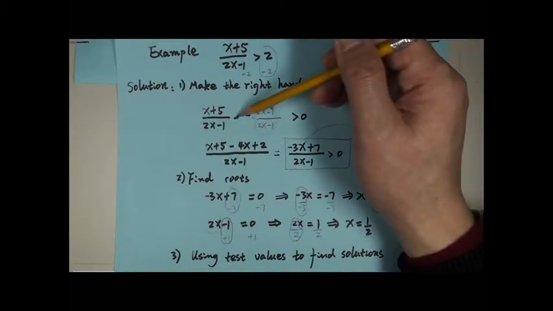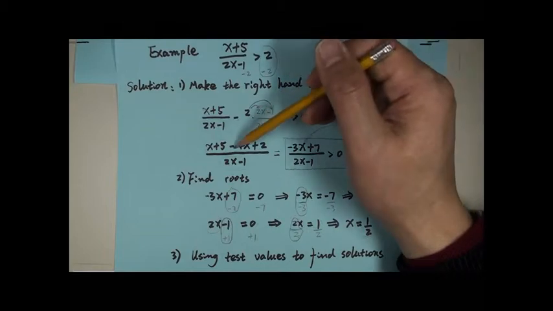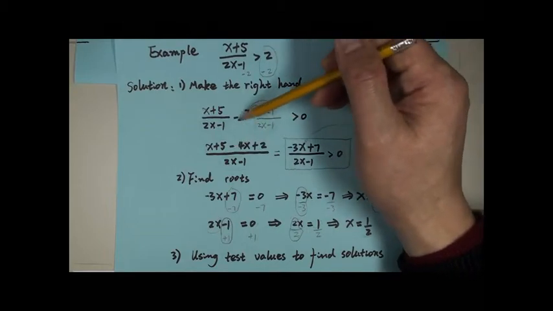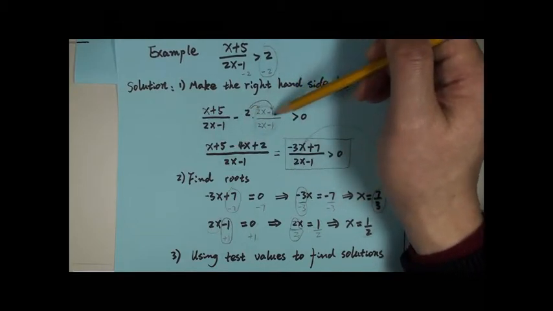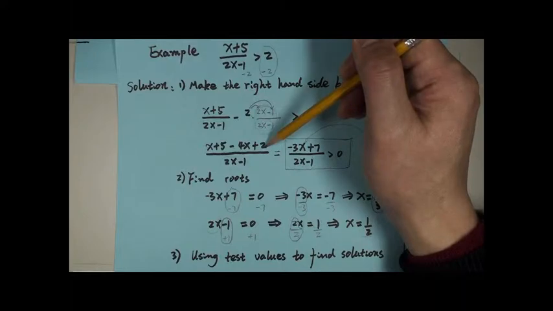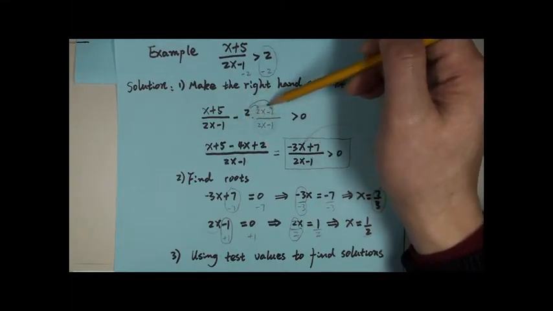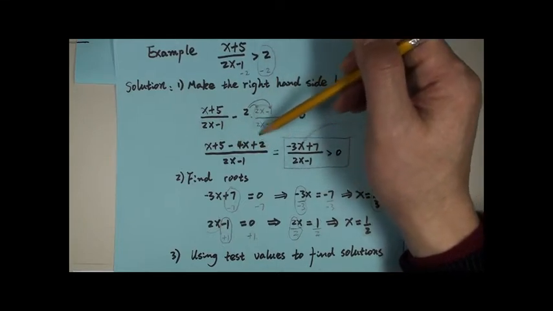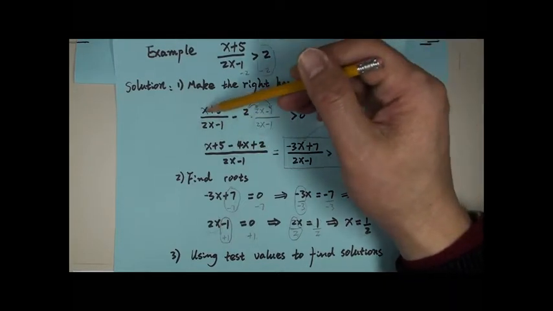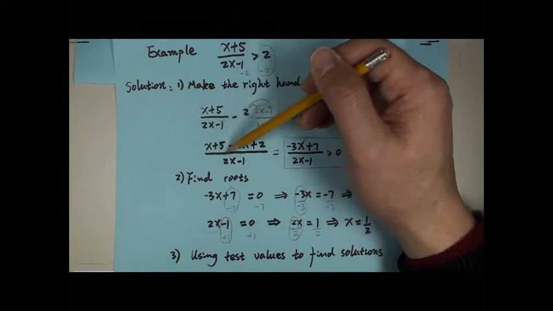Negative 2 times 2x, you have negative 4x. Negative 2 times negative 1, you have a positive 2. Okay, now this numerator comes to be like that. And x plus 5, you put it right here.